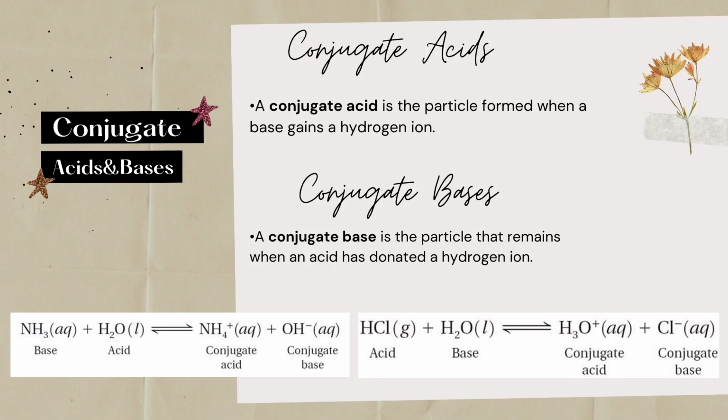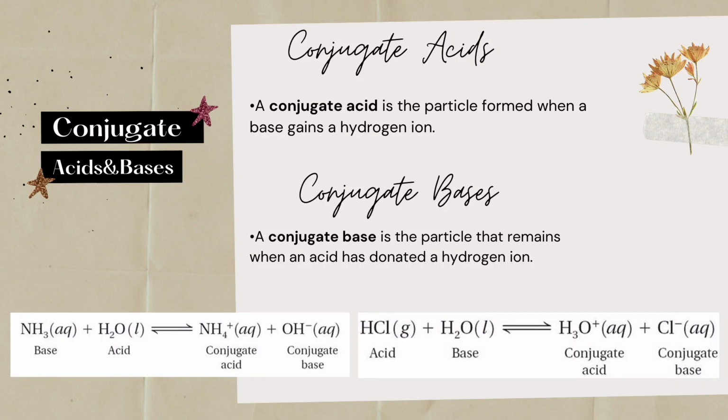Example: ammonia is a base. It accepts a proton to give its conjugate acid, NH4+. Similarly, NH4+ loses a proton to give the conjugate base, ammonia. Therefore, NH4+ is the conjugate acid of ammonia.